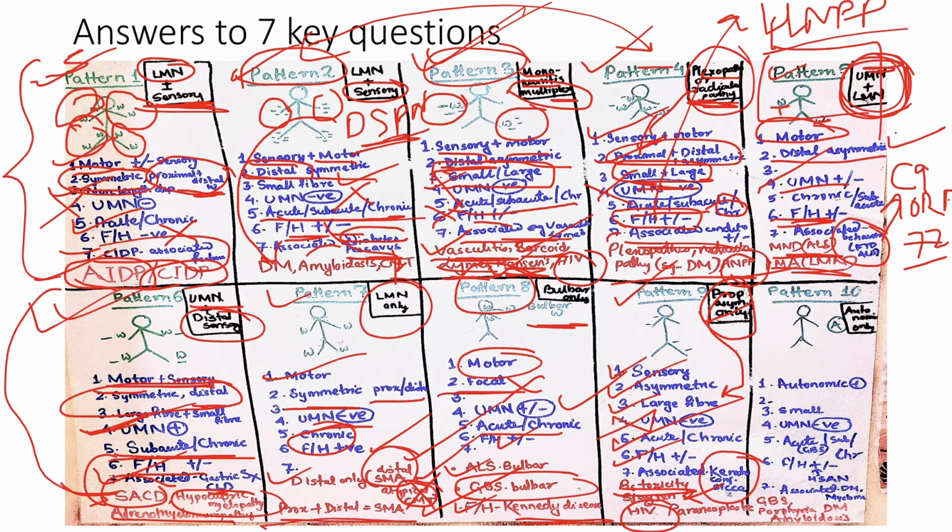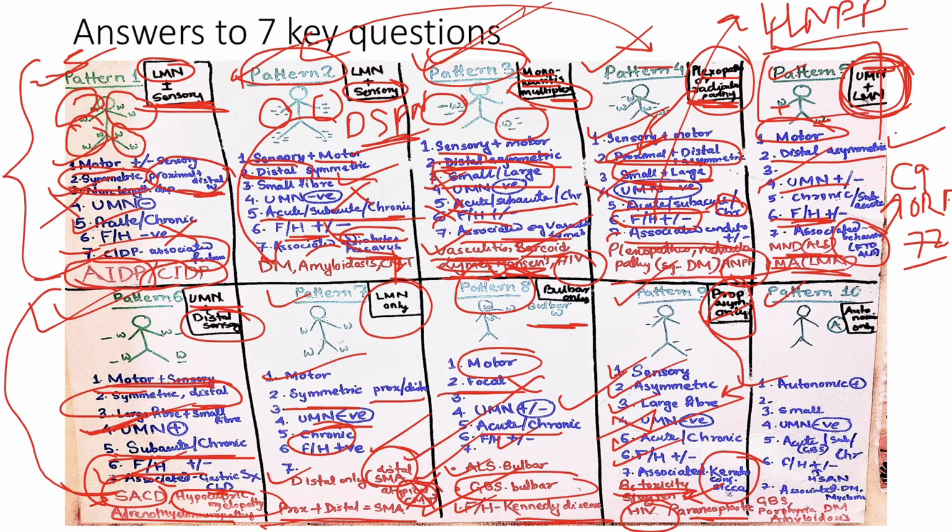But excess of pyridoxine actually leads to this asymmetric proprioceptive loss, that is a ganglionopathy. These are actually ganglionopathies. So pattern 9 is actually a dorsal root ganglionopathy. And paraneoplastic conditions have to be ruled out, so look for signs of any cancers, especially small cell cancers, so rule out those.